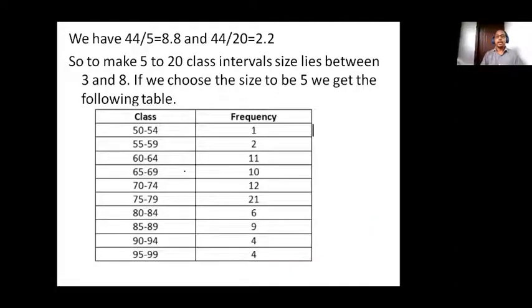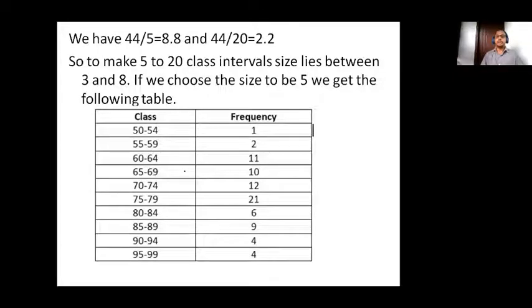We divide the range into 5 to 20 classes. So when 44 is divided by 5, we get 8.8, and 44 divided by 20 equals 2.2. So the class size lies between 2.2 and 8.8. So the class size may be 3 to 8.